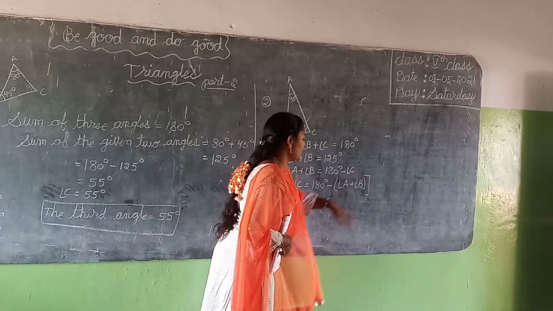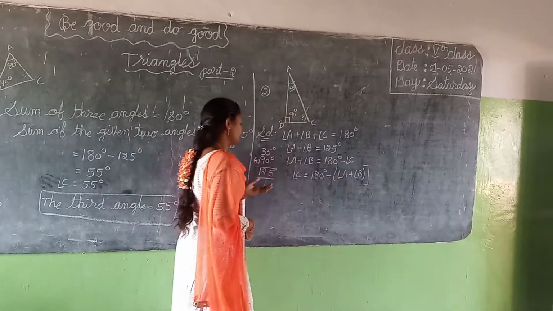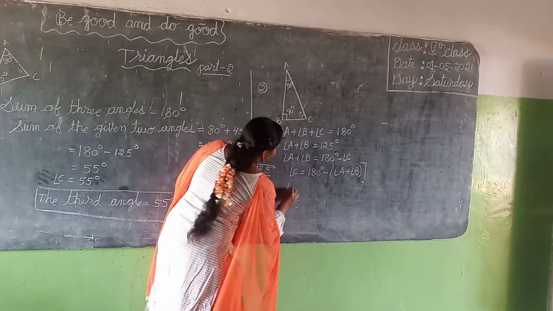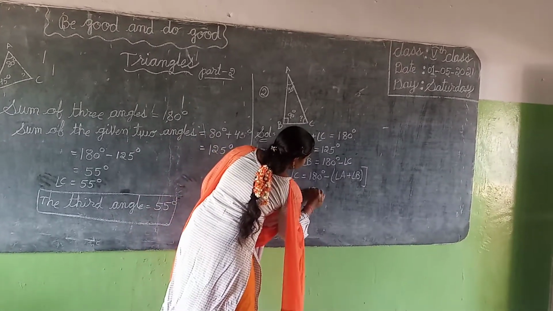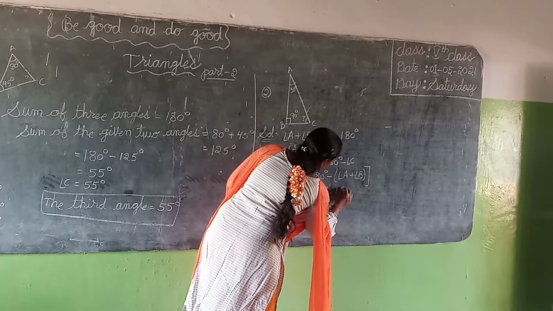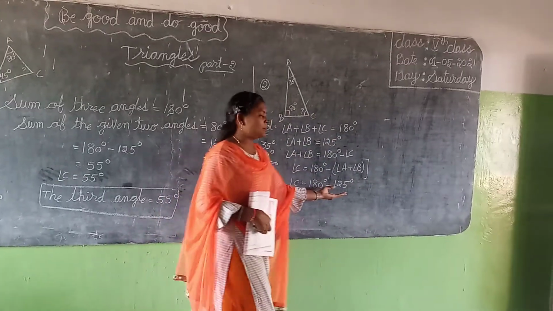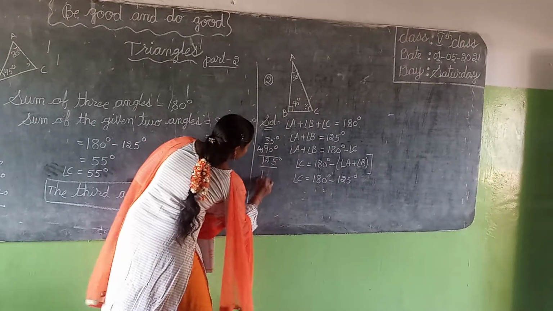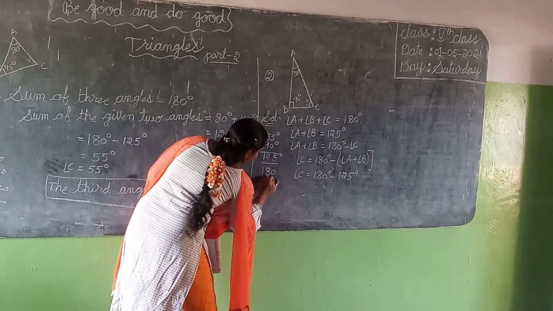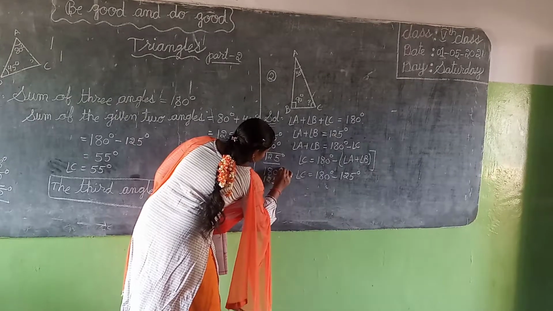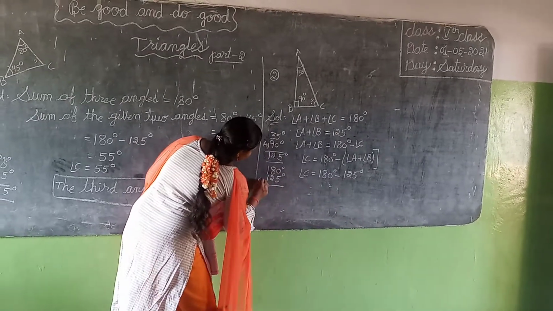Angle A plus angle B is how many degrees? 125 degrees. So angle C is equal to 180 degrees minus 125 degrees. Now clear? 180 degrees subtract 125 degrees. So the subtraction symbol is there.